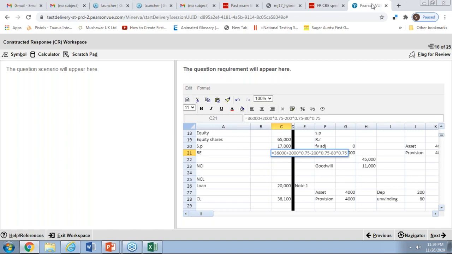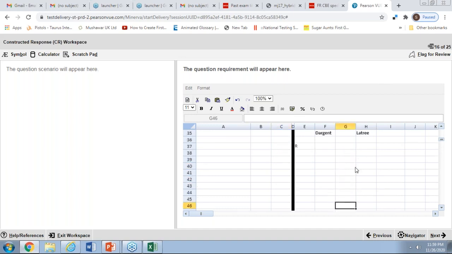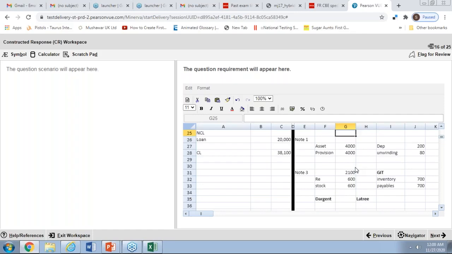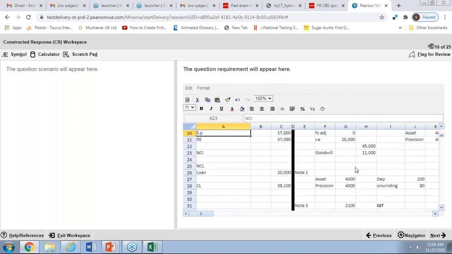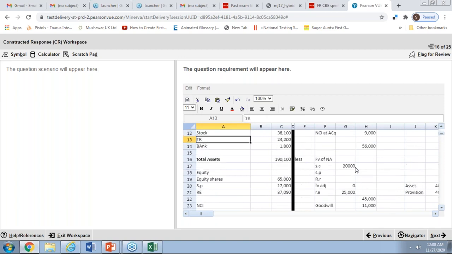Any other adjustments that we have? The parent company sold the goods to the subsidiary company. So we have put the adjustments of 200, I think. Let me check. 600 for this and 200 for this. Minus 600.